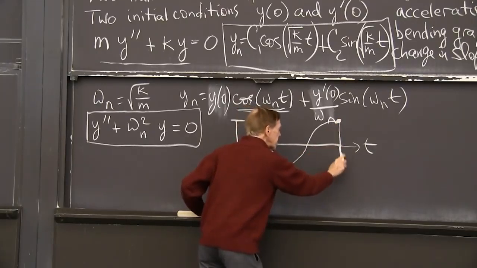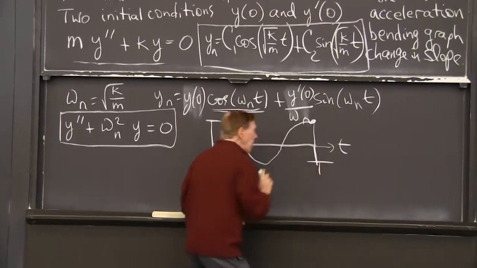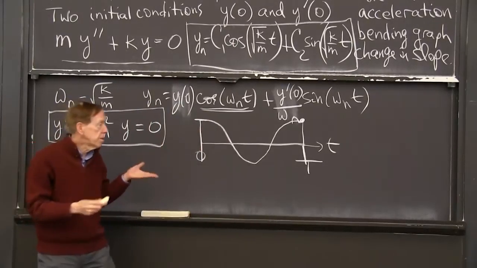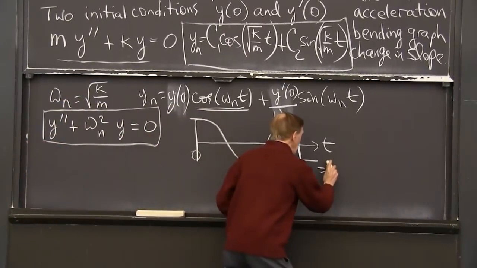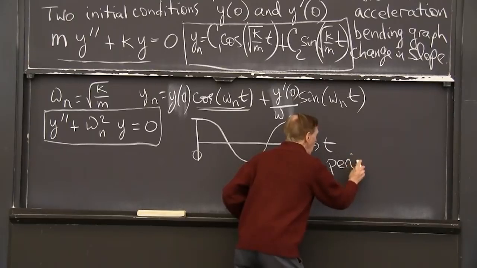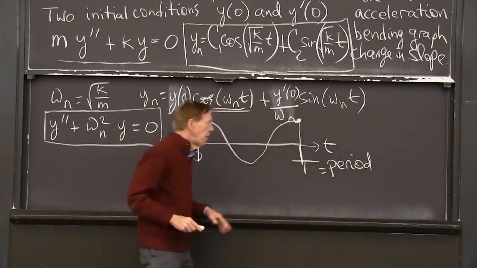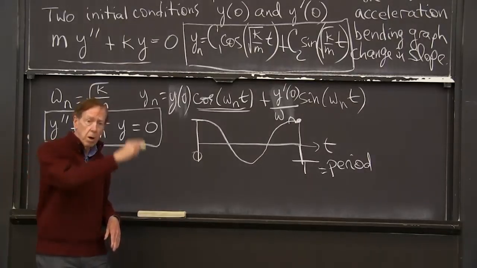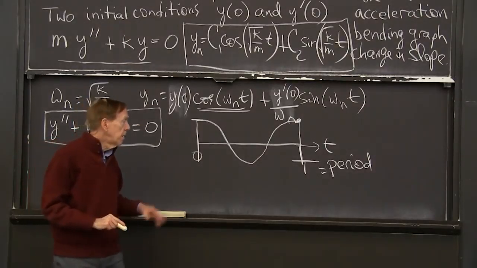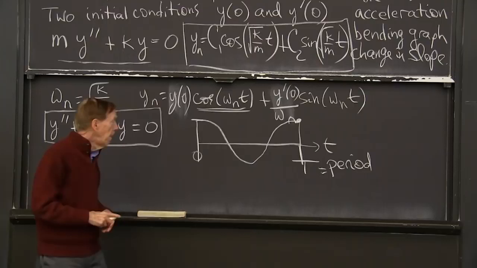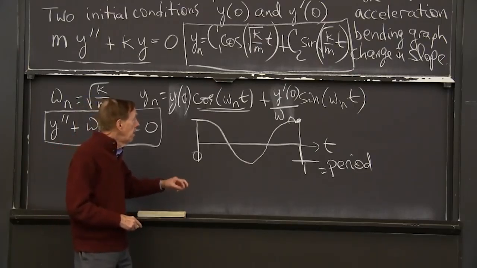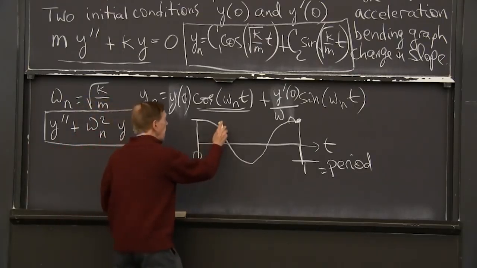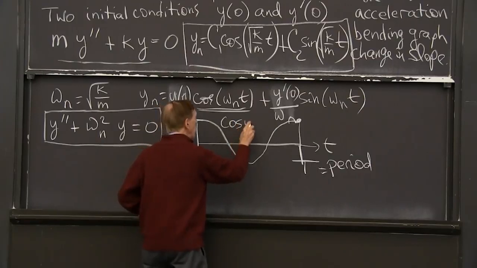But what is this t final? This T is the period of the oscillation. It's the time it takes for the swing to go up and back. I'm graphing cosine of omega t.